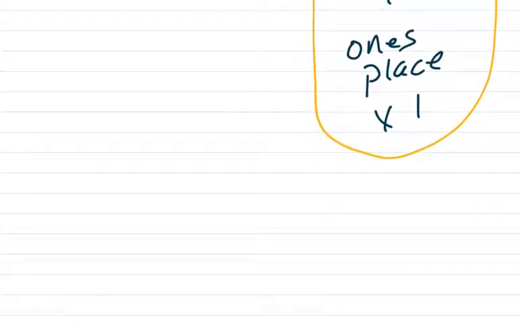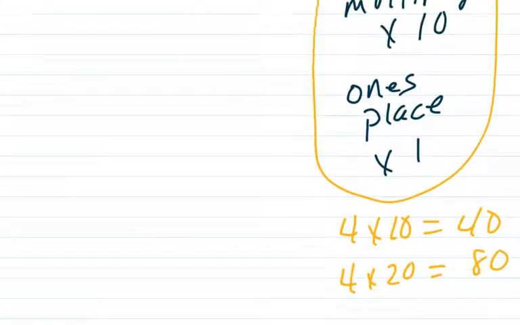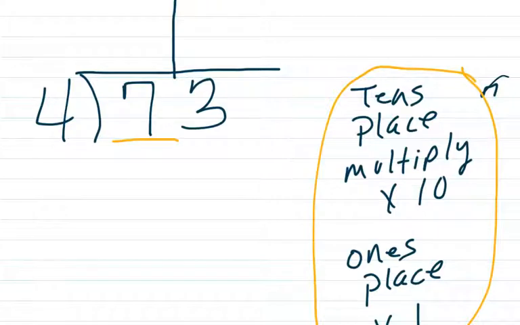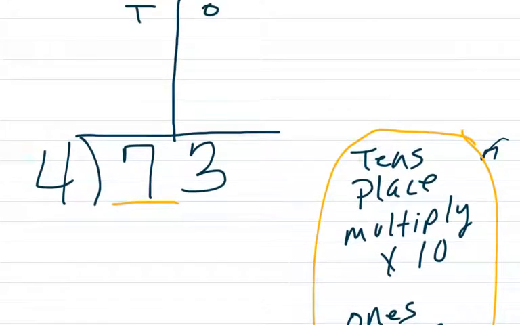So I do all my 4 times 10 facts. So 4 times 10 is 40. 4 times 20 is 80. So I look at this and I say, okay, well, 80 is bigger than 70. Remember, we can't be bigger, but 40 is right on line. So I'm going to use 4 times 10. So in my quotient, I'm going to write 10.